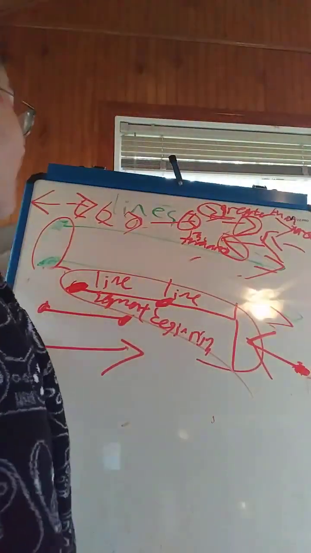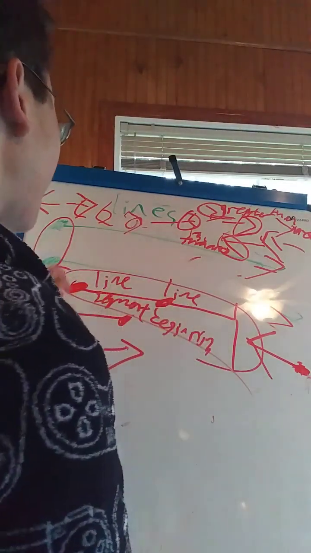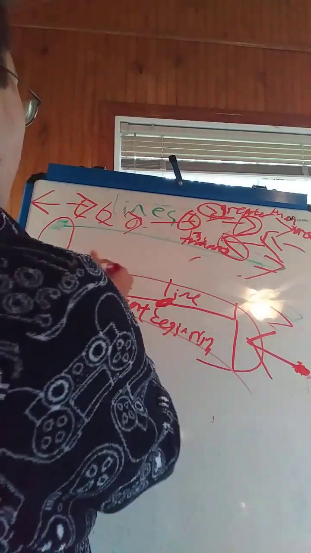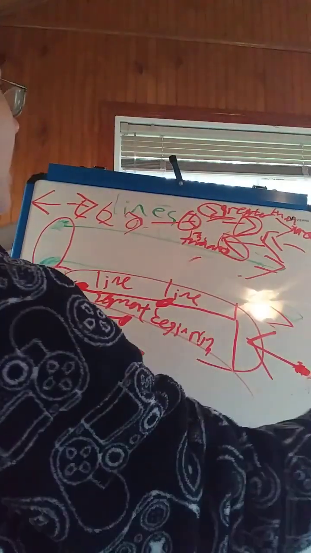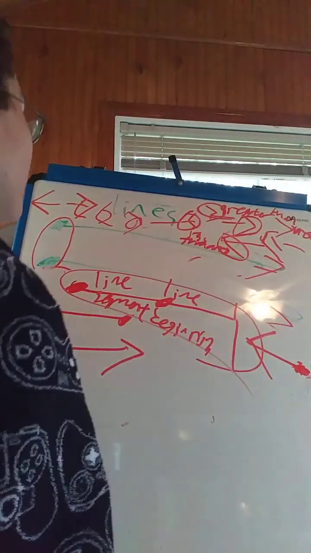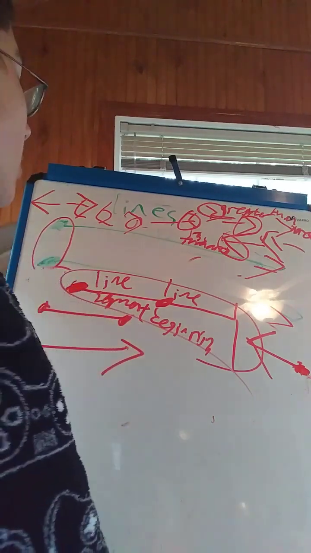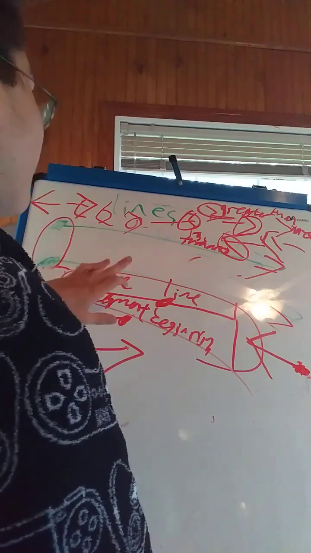So we have the line segment, just a part of that line with the beginning and ending point. The beginning point is over here and the ending point over here if it's going right, and vice versa going left. That's a line segment.